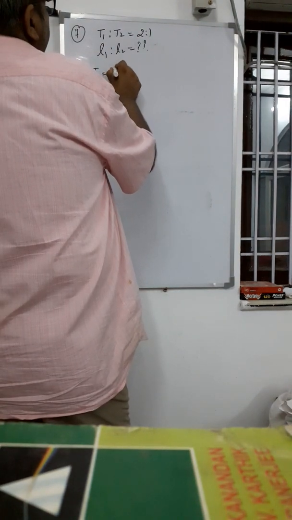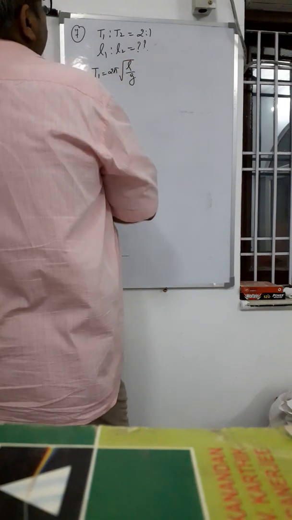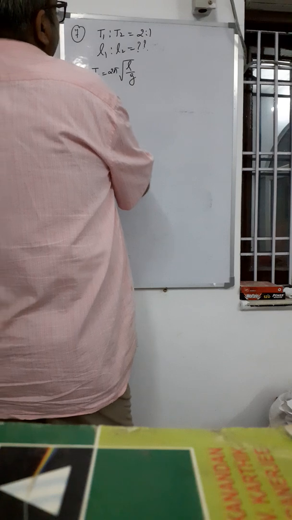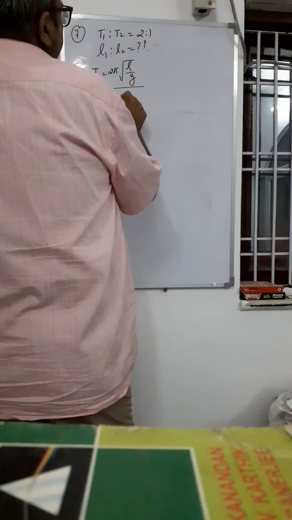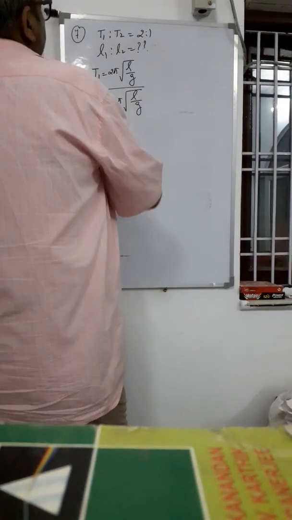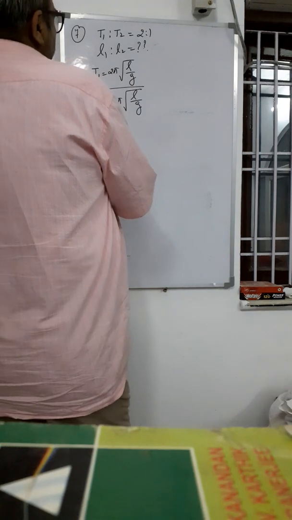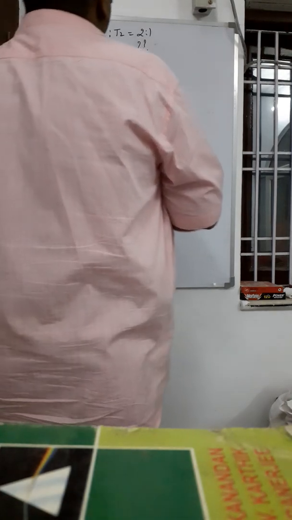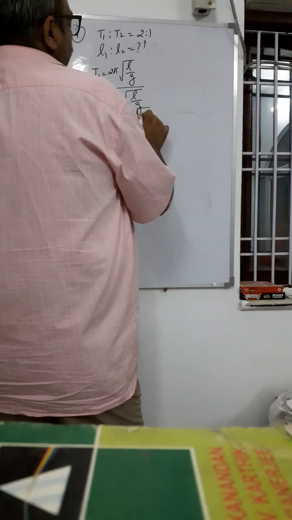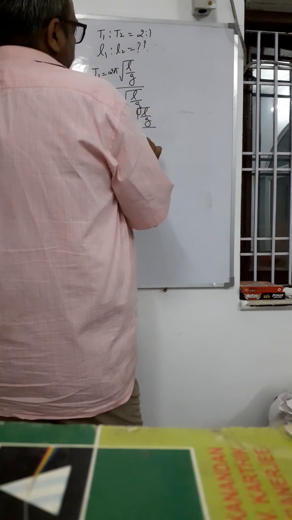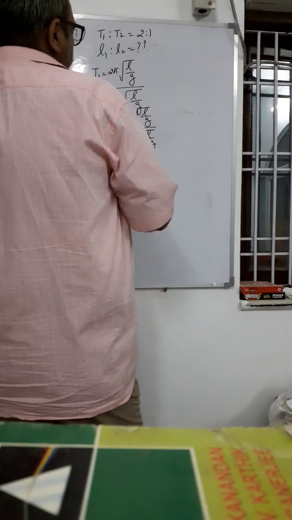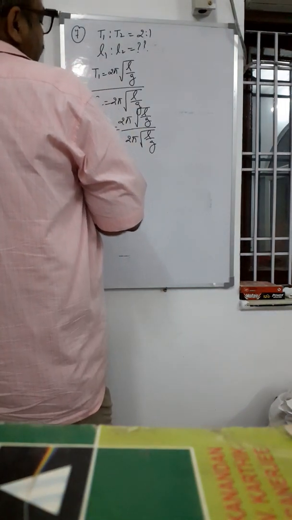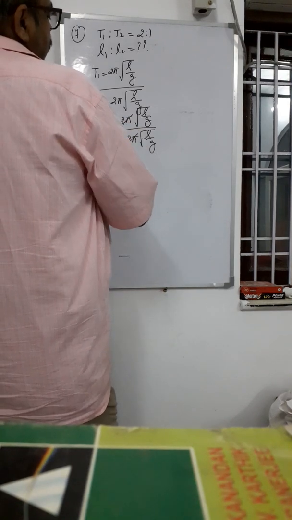So first we will write T1 is equal to 2 pi under root L upon G over T2 is equal to 2 pi under root L upon G. T1 T2 ratio they have already given. 2:1 is equal to 2 pi under root L1 upon G over 2 pi under root L2 upon G. Squaring both sides, this is cancelled, this will also cancel.